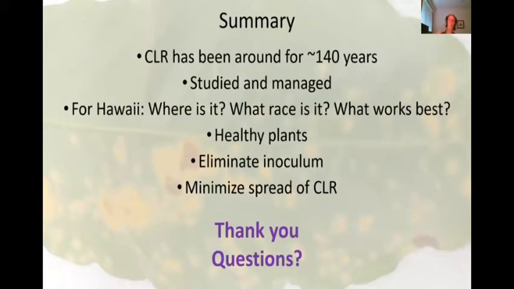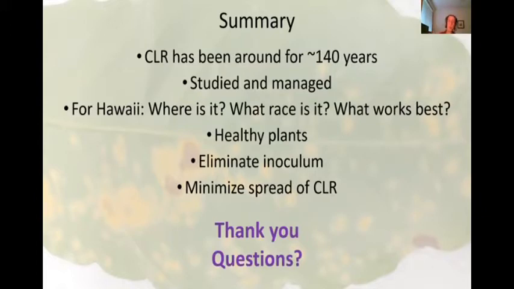For Hawaii, we really need to determine where is it, what race is it, and what is going to work best for management here in Hawaii. As mentioned throughout all of the literature, healthy plants are key. If it's a sicker plant, it predisposes it to infection.